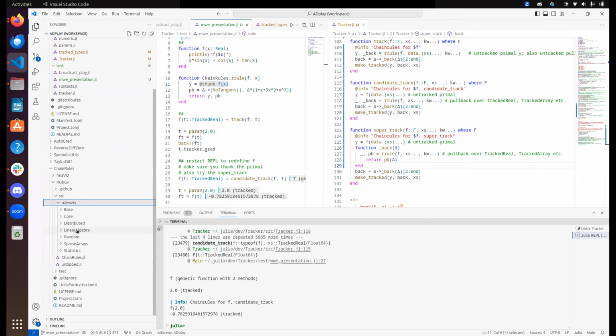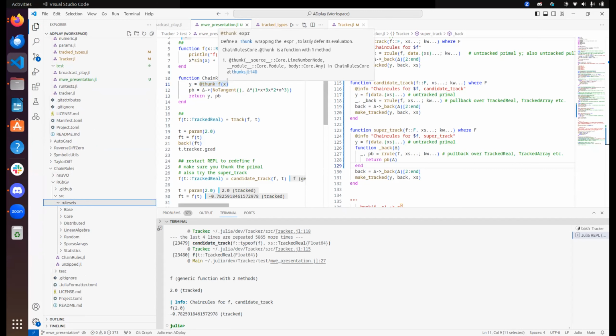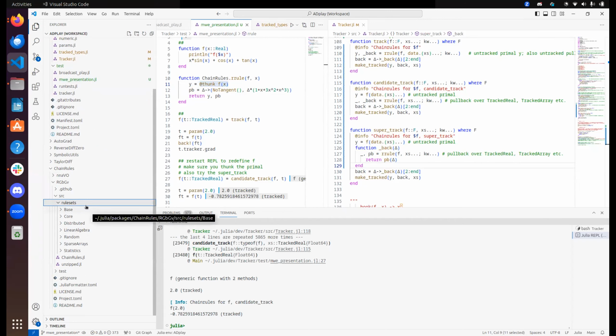So maybe for track real, I think it's, but I think it's more critical for arrays. I mean, nobody wants to do a convolution twice, right?